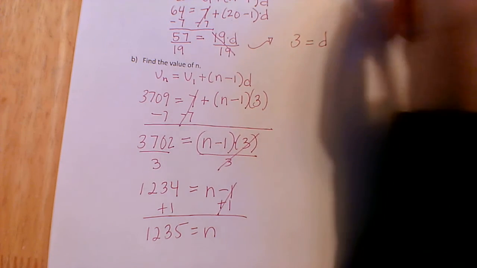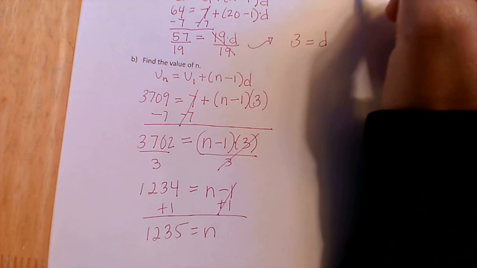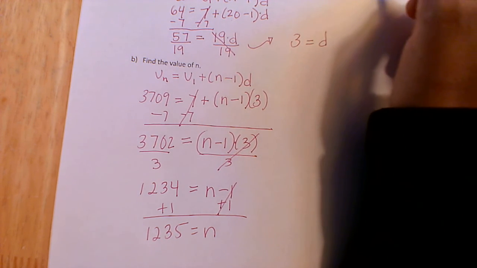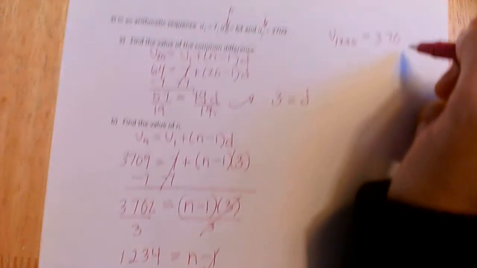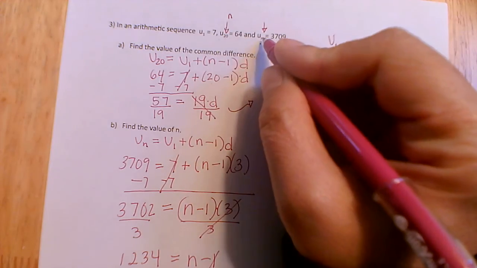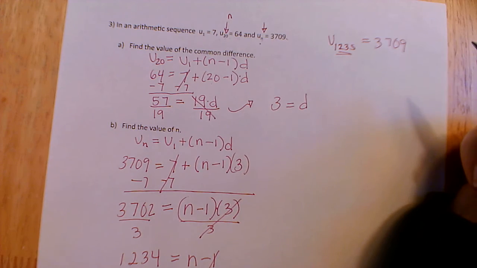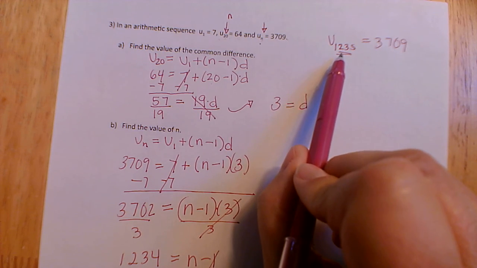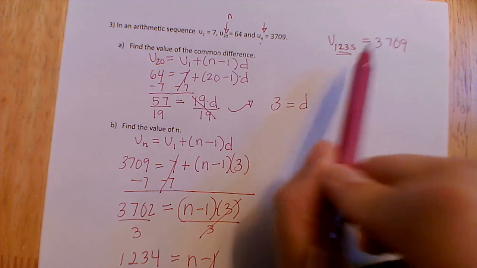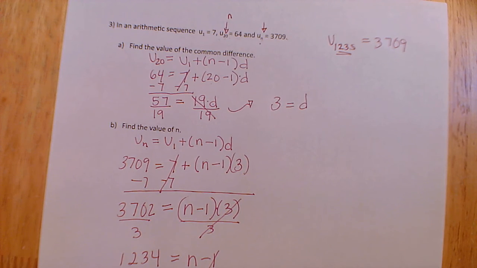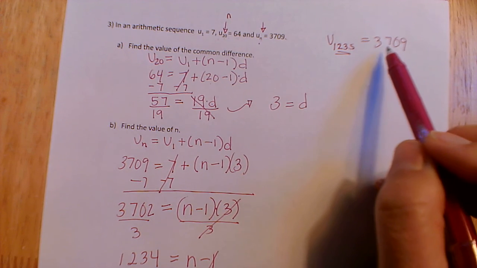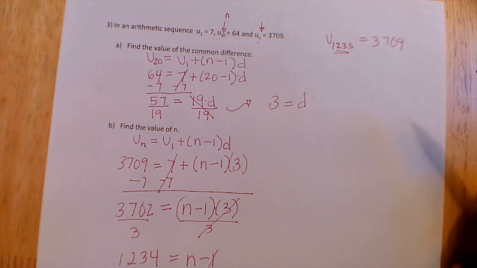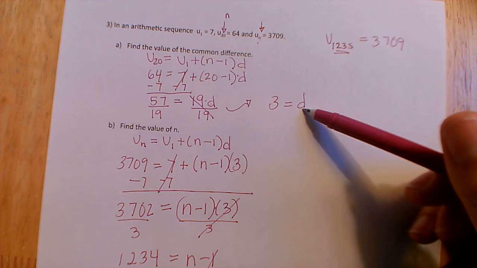So this u sub n is really u sub 1,235. We would have had to go out 1,235 positions over to get to 3,709. Holy cow. Well, we are adding 3.